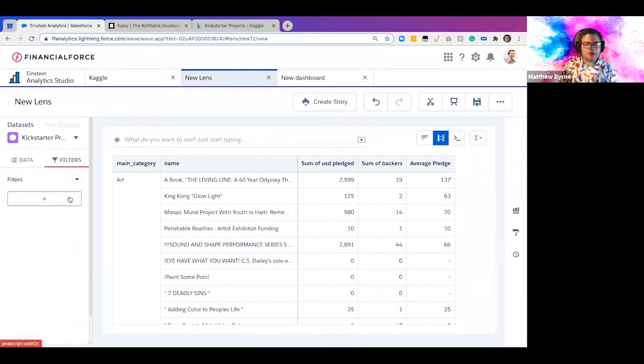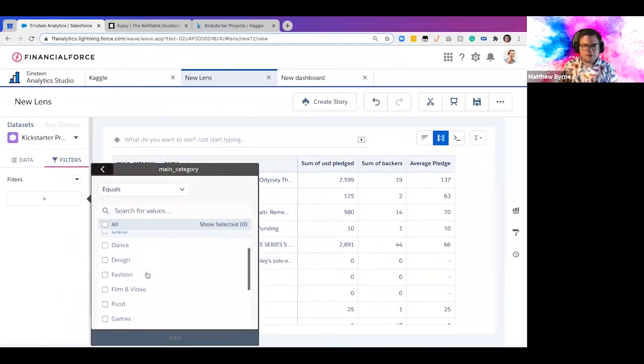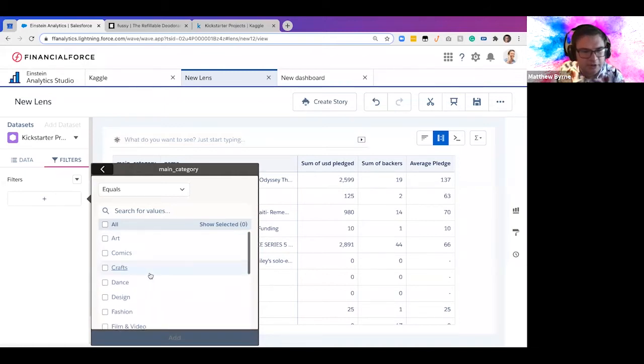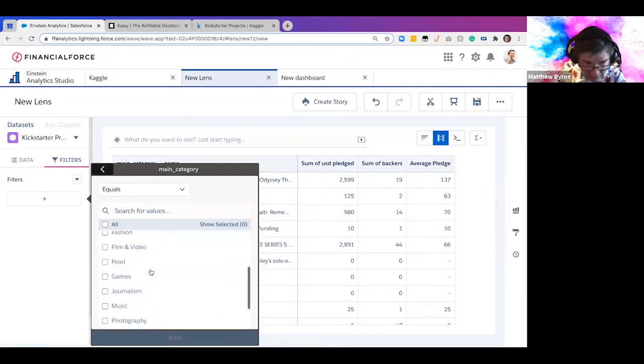Some of them are art, comics. Let's see if you can just have a very quick guess at which category you think has raised the most money. Got art, comics, crafts, dance, design, fashion, film, video, food, games, journalism, music. Any quick guesses? I'll let you take a quick guess.